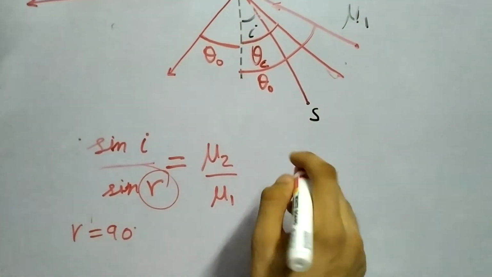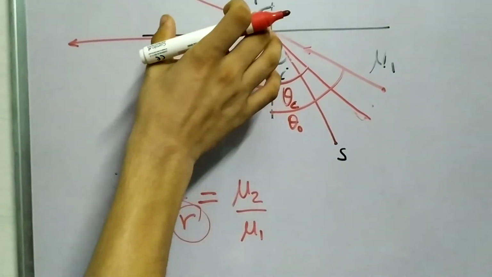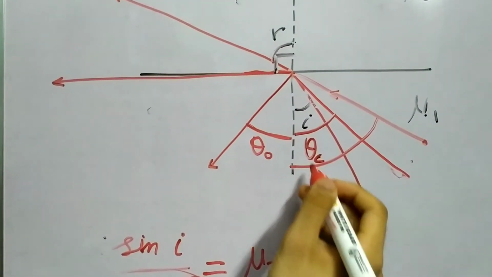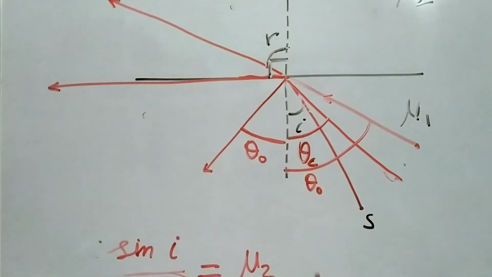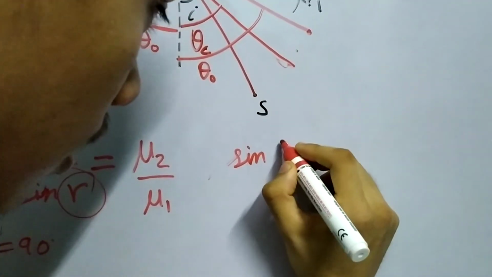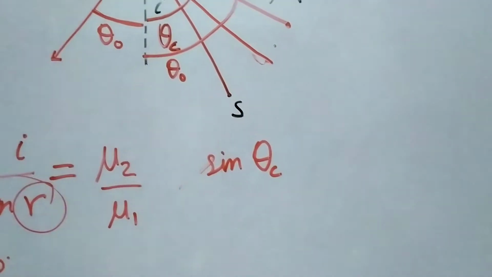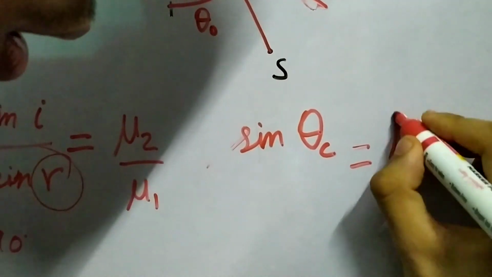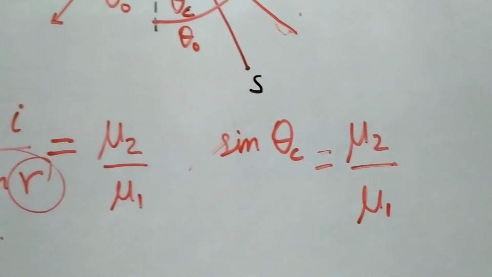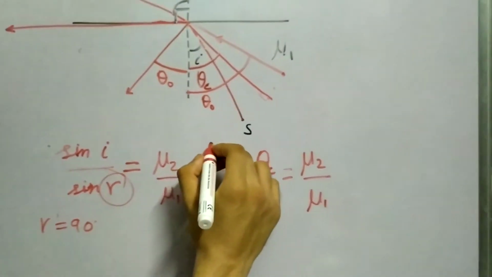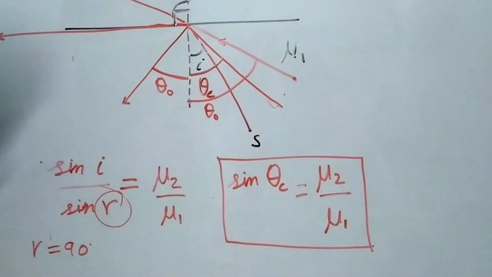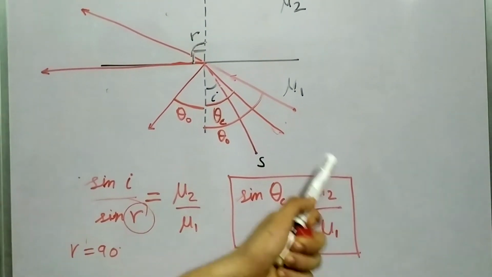So the particular angle at which the refracted ray becomes perpendicular to the normal is known as the critical angle, hence the name. So let me write this down: sine theta c is equal to mu2 divided by mu1. This is how you solve for the critical angle.